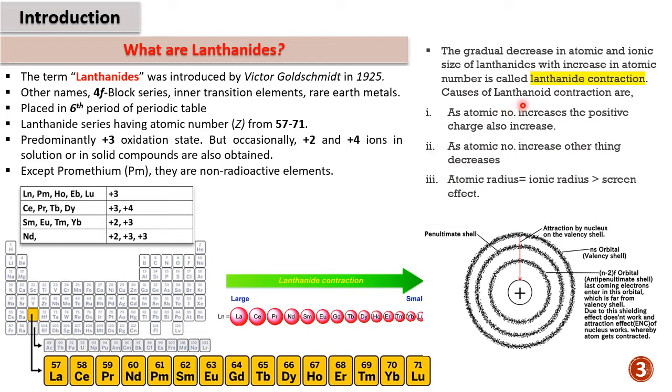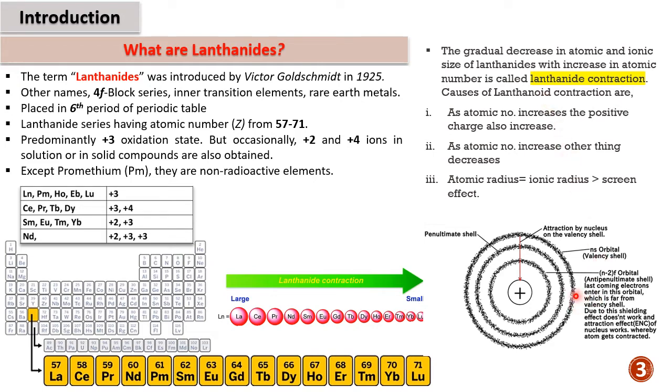One of the important terms regarding lanthanides is lanthanide contraction. Lanthanide contraction is the gradual decrease in the atomic and ionic size of the lanthanides with the increase in atomic number. It is due to the fact that as the atomic number increases, the positive charge also increases, and the screening effect is less than the increase in nuclear charge.